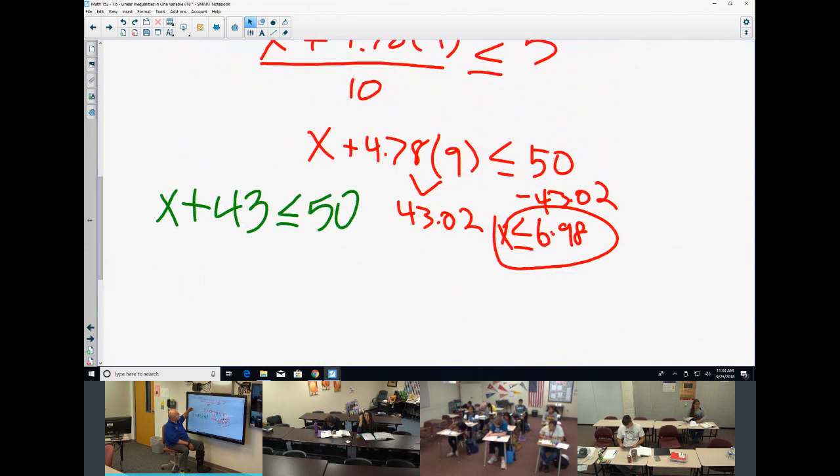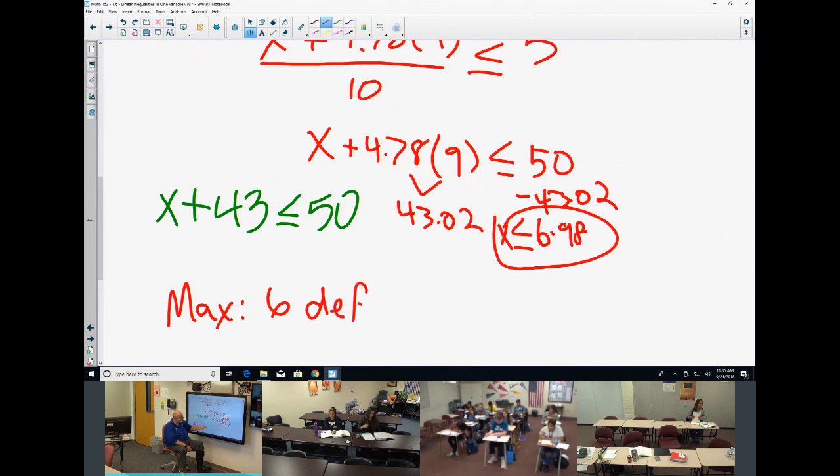So the real answer would be X less than 7 defective wafers, or 6. So the maximum is 6 defective wafers. Okay? So once we hit the 7th one, then we're over this threshold, and then we're in big trouble.